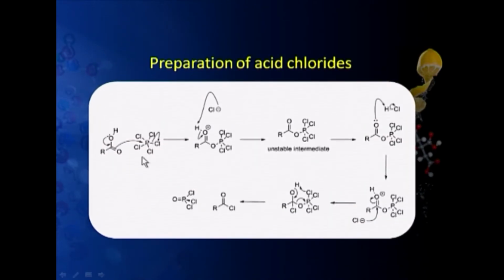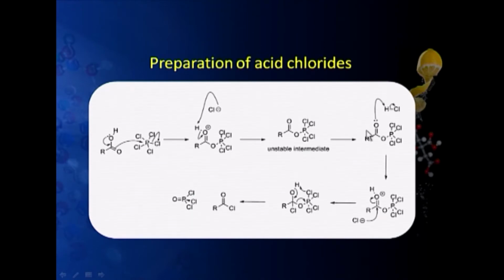A similar type of mechanism is there when we use PCl5 as the reagent. Here also either this oxygen or this oxygen of the hydroxyl can attack the phosphorus, one of the Cl is lost, and this Cl will capture this H which is causing the positive charge on this oxygen of the acid, and we get this intermediate. Here this HCl that was formed may even protonate this oxygen, meaning HCl is not lost, H plus is there.